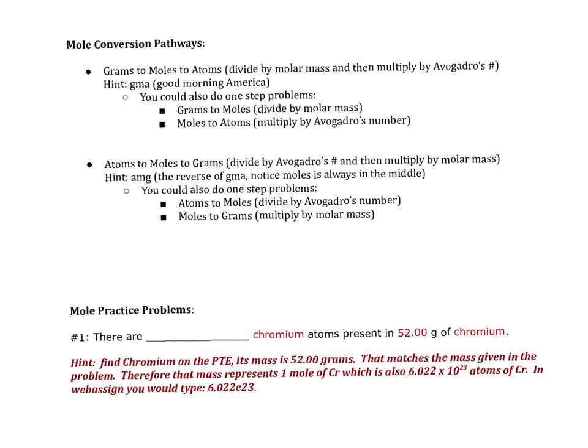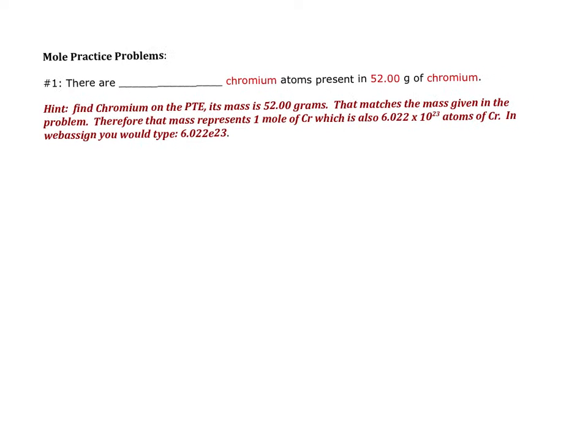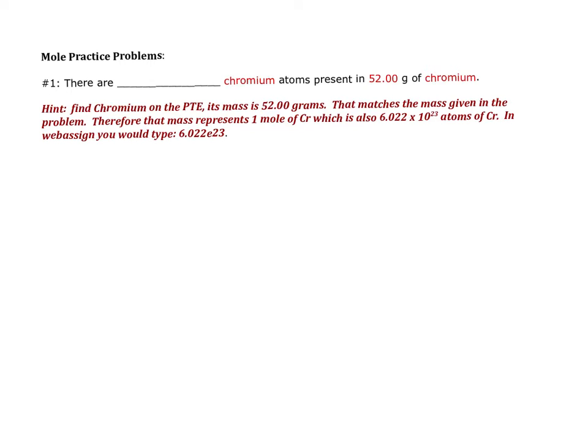So let's look at some of these problems that are from your WebAssign, or maybe from your WebAssign, depends what year you're watching this. So this problem here says there are blank chromium atoms present in 52 grams of chromium. Sometimes these will seem like trick questions. So what you want to do is find chromium on the periodic table, and you want to find the mass of chromium, and you will find that the mass of chromium is 52 grams.